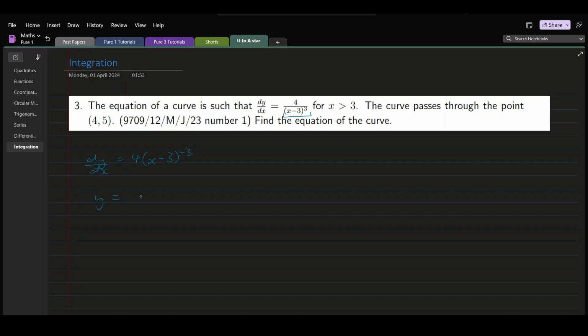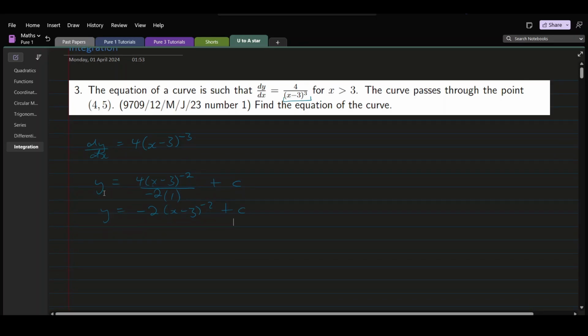So when we integrate, we get y is equal to 4, (x minus 3), add 1 to the power, that becomes negative 2, divide by the new power, negative 2, and then differentiate x minus 3, the inner function, and you get 1, plus a constant. So this becomes y is equal to 4 over negative 2, that gives us negative 2, and that's (x minus 3) to the negative 2 plus our constant of integration.